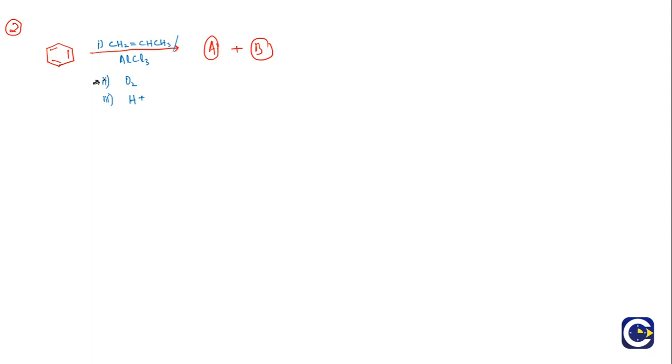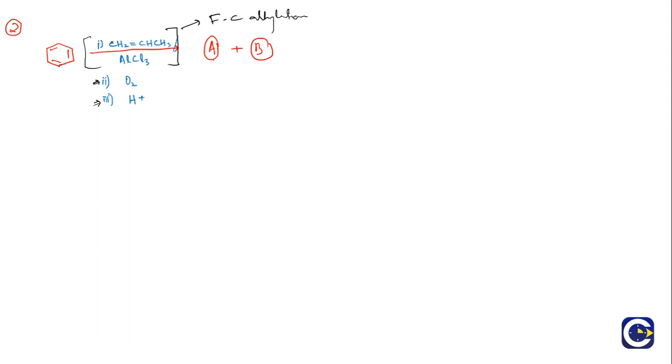This is the oxidation step. Okay, and the final step is the protonation. So when benzene reacts with alkene, this first step of the reaction is the Friedel-Crafts alkylation. This is the Friedel-Crafts alkylation. And in this reaction we are getting two products, product A and product B. So we have to predict both of these products.